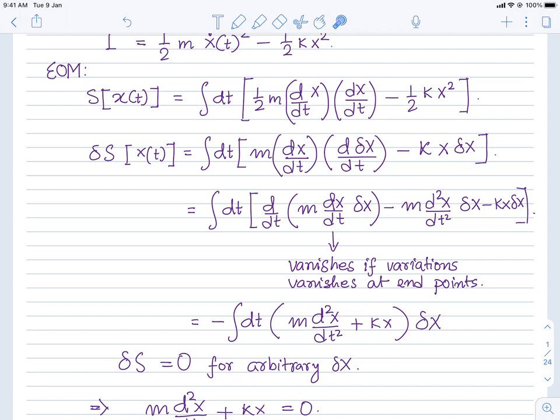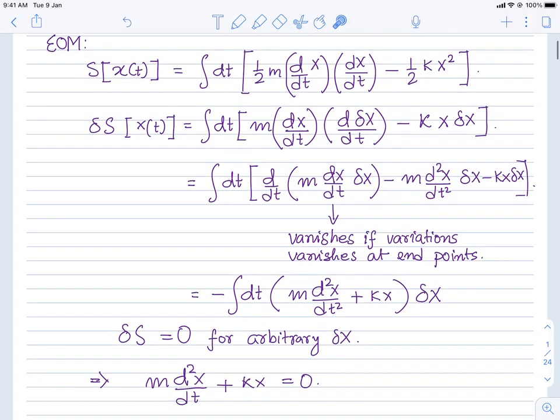And so once we do that, this becomes a total derivative, right? And total derivatives, as we know, are given by the endpoints. So if we integrate this, it is basically going to be given by whatever occurs inside, evaluated at the endpoints of this integral, right? And that term vanishes if we say that this variation vanishes at the endpoints.